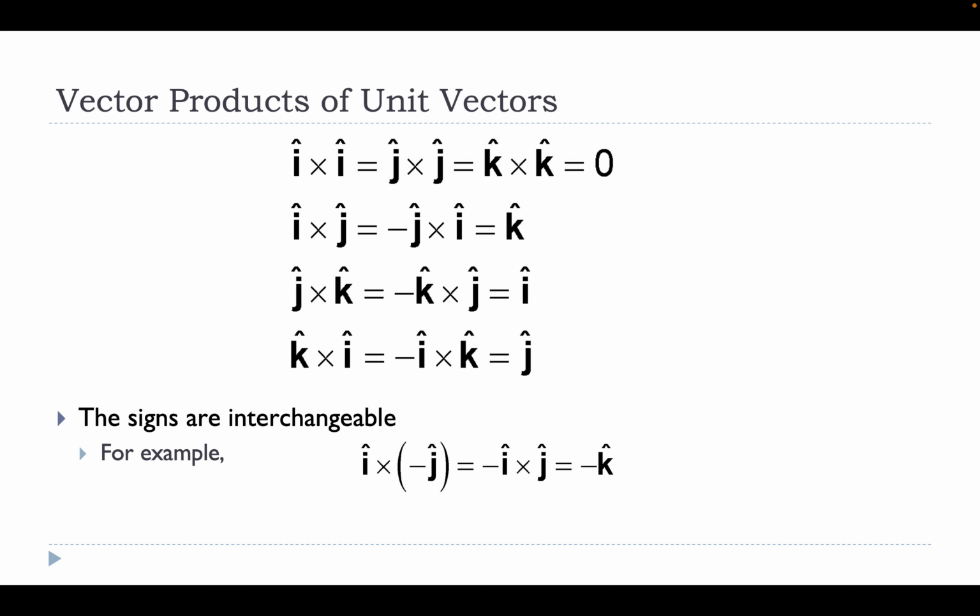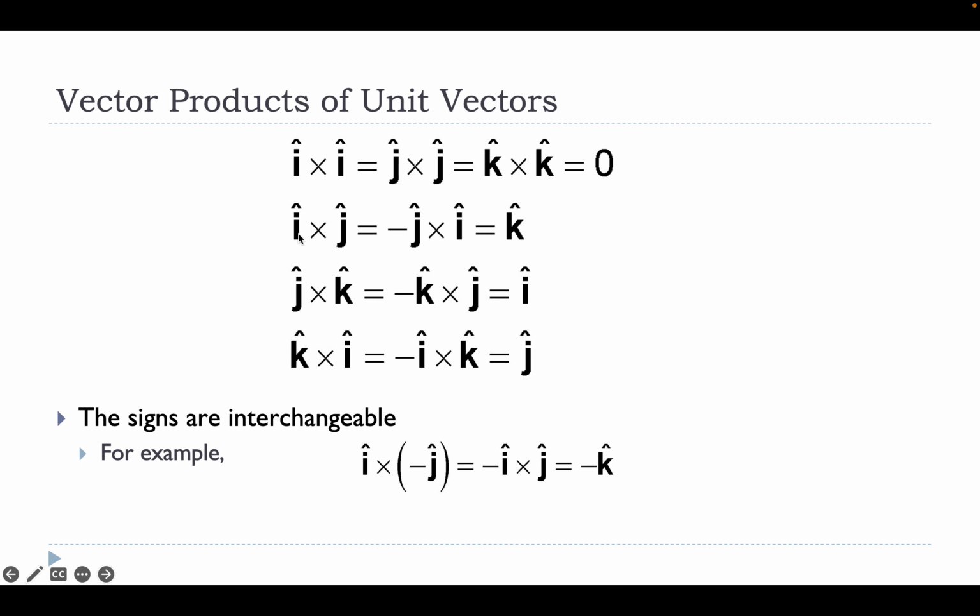On the other hand, if I take the cross product between two unit vectors that are not alike, they represent unit vectors along each of the different coordinate directions. So I is representing the x direction, J is representing the y direction. So the angle between two different unit vectors is always 90 degrees. A unit vector has a length of 1, so it's always going to be 1 times whatever direction that cross product gives us.